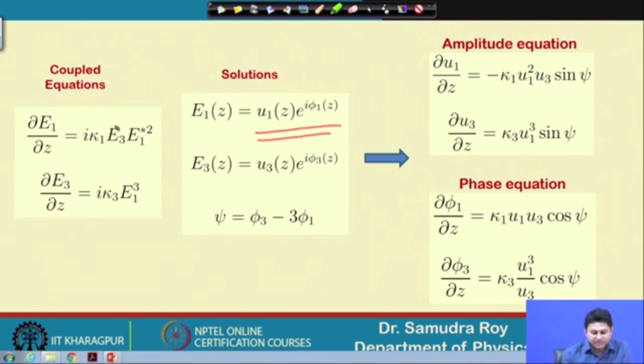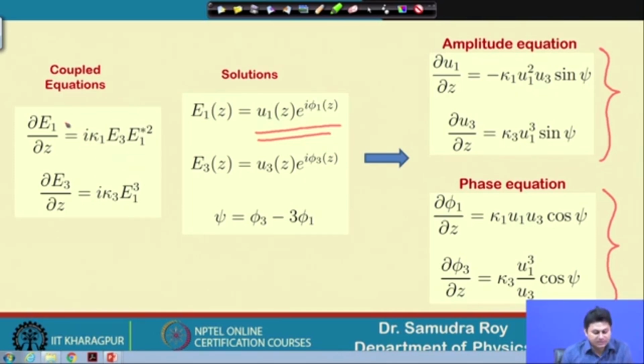When I put this into the coupled equation and separate the real and imaginary parts, we will have a set of amplitude equations like this and a set of phase equations like this. Please note that when you put in E1, E1 and phi 1 will be here, and on the right hand side you will also have E1 and phi 1. So we will have an equation with real and imaginary parts on the left hand side and also on the right hand side.